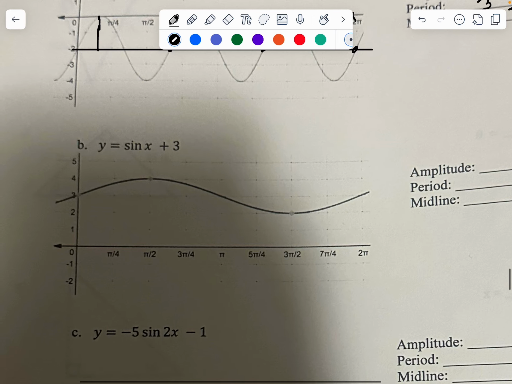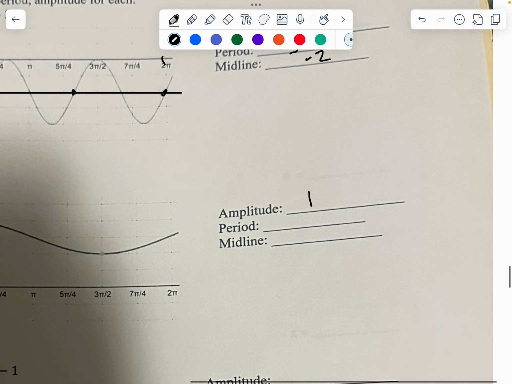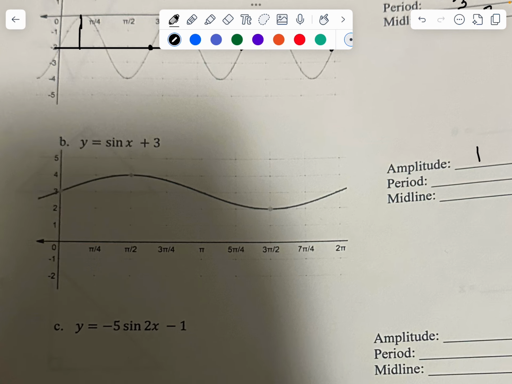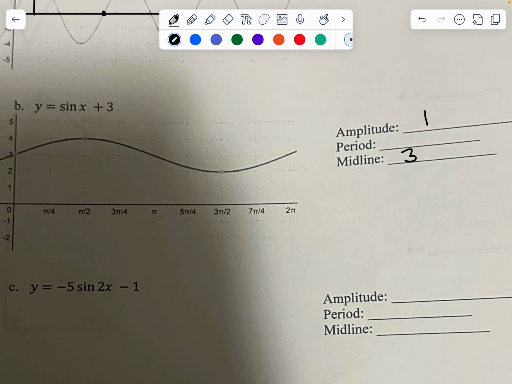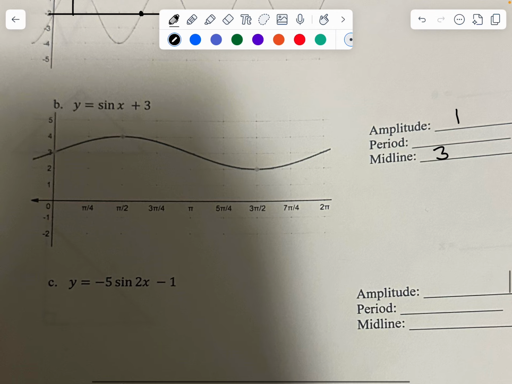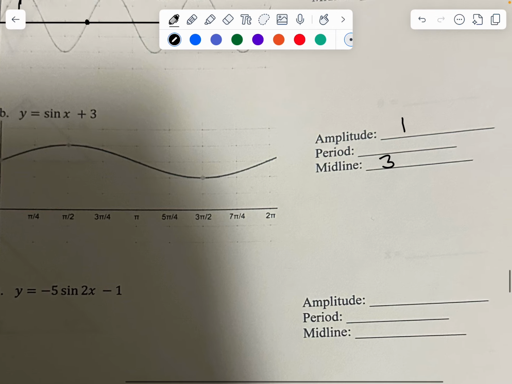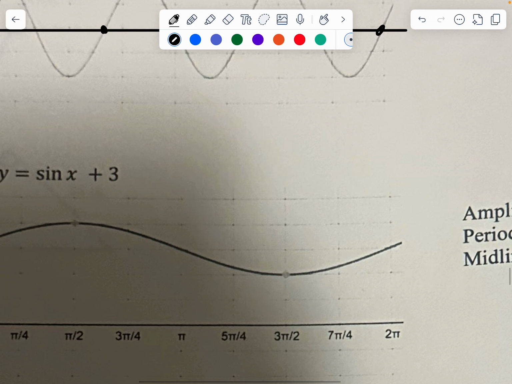Our amplitude is just 1 here, because it only goes up 1 and down 1 from the center. Our midline is 3. To find the period, you take the value right here. There is a 1 there. Let's do 2 pi divided by 1, and you get 2 pi.